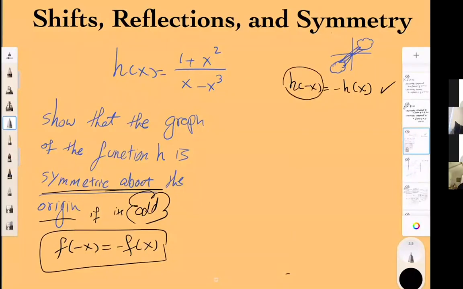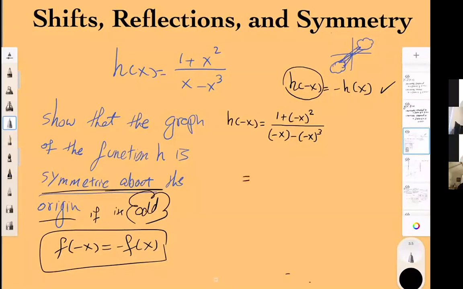H of negative x will be equal to 1 plus negative x squared, divided by negative x minus negative x cubed. Agree? I just substitute negative x for the x. Now I'm going to simplify to see, do we get negative h of x?